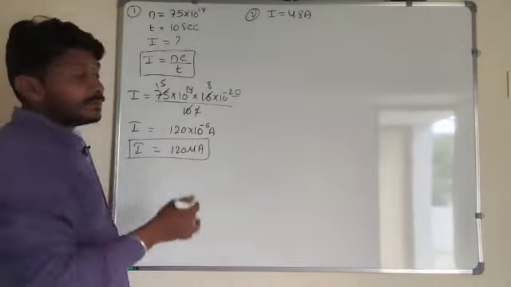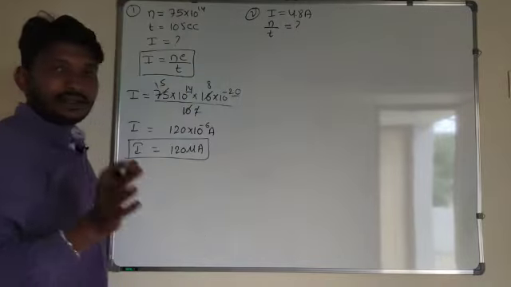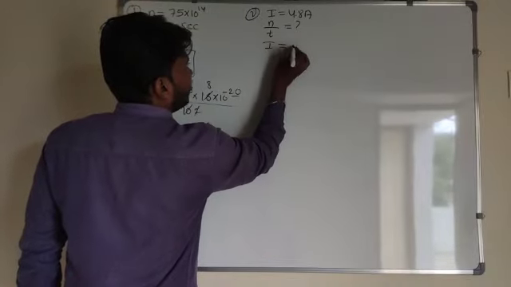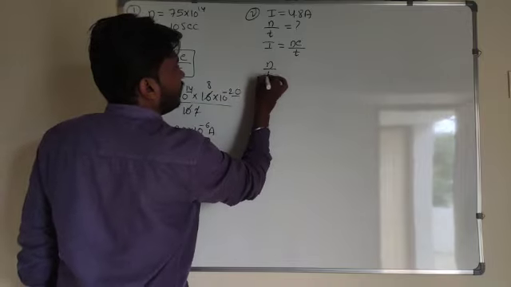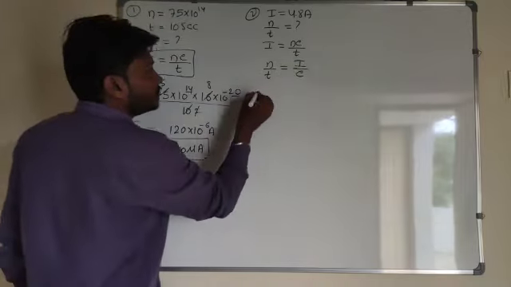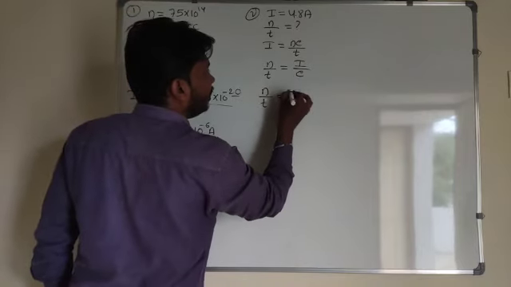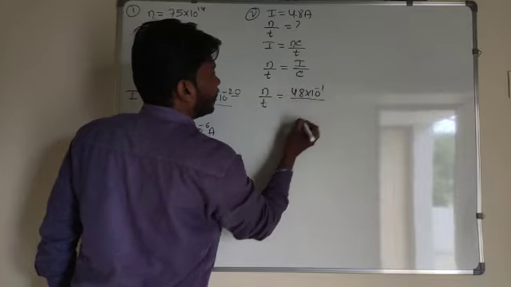Number of electrons passing per second means n by t. So which thing do I need to find out here? n by t. I is equal to nE divided by t, so n by t is nothing but I divided by E. The number of electrons per second: I value is 4.8, or 48 into 10 to the power of minus 1.